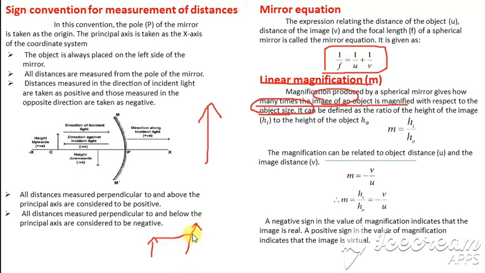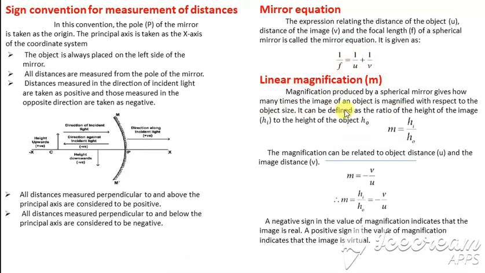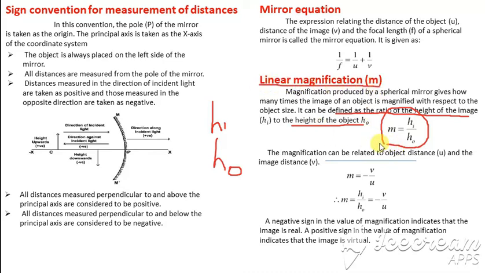Okay. If you compare, that is the magnification. It is defined as the ratio of the height of the image to the height of the object. Height of the image is given by hi, and the height of the object is denoted by h naught. If you take the ratio of both, that gives the magnification. So m is equal to hi divided by h naught.